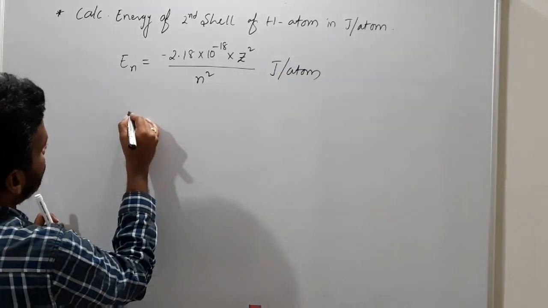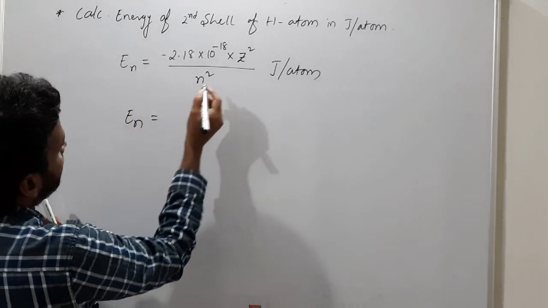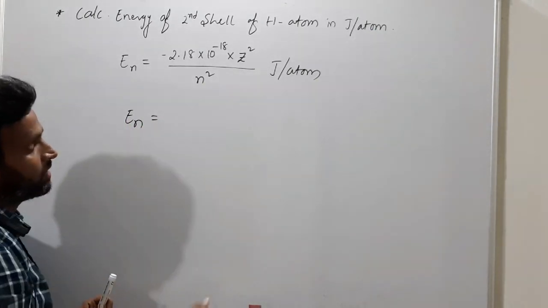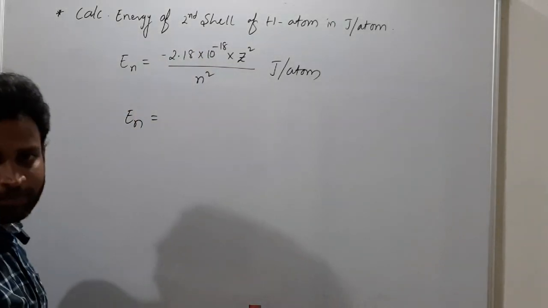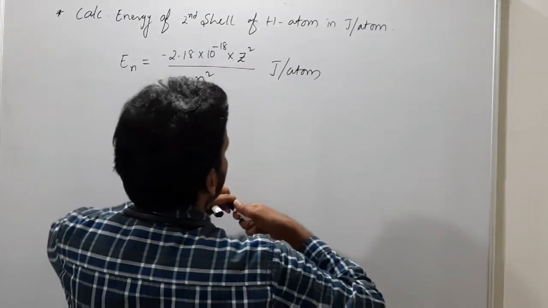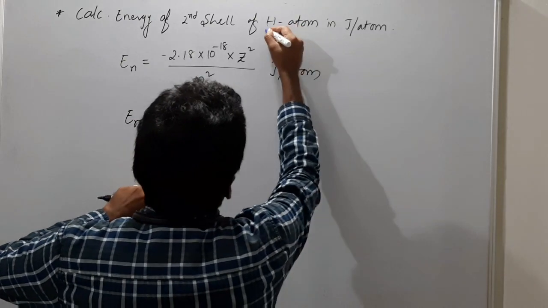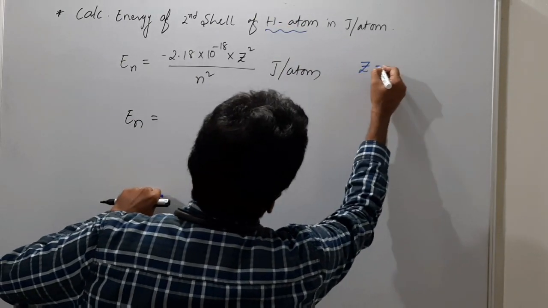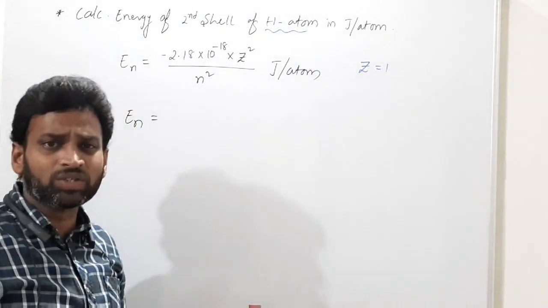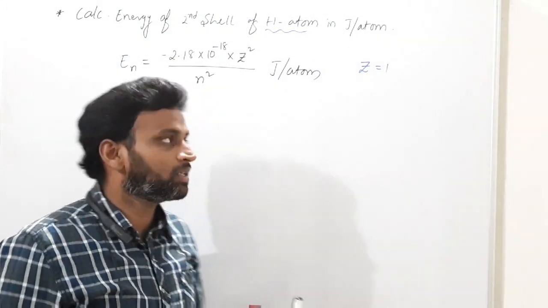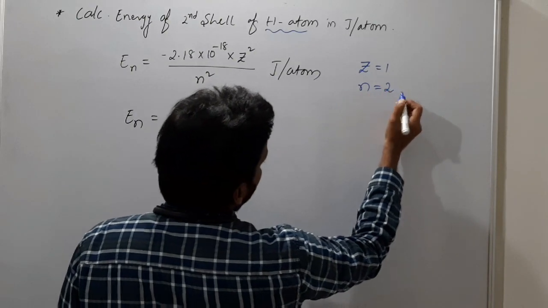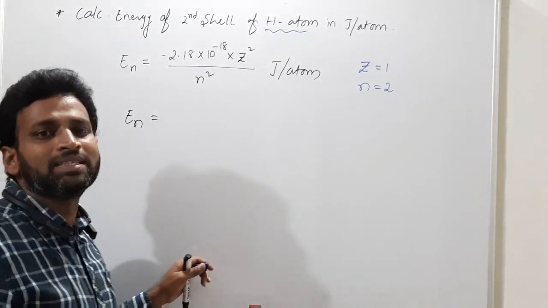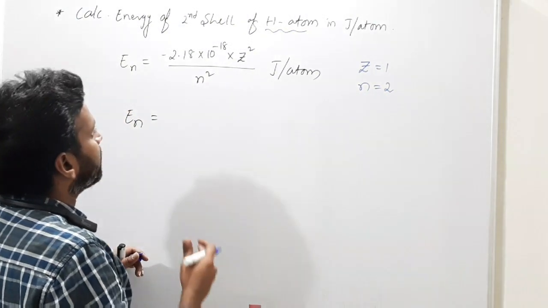Okay, then energy of nth orbit, and you can use what atom is given here, hydrogen atom, and what shell is given here, second shell. So hydrogen atom means Z is equal to 1, because for hydrogen the atomic number is 1, and second shell, so n is equal to 2, that means L shell.